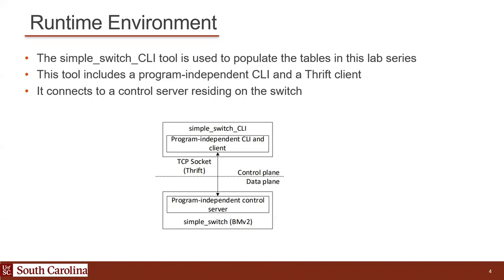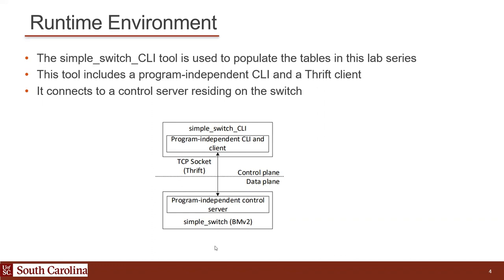For example, if you have something like table add, it just accepts the table name as part of its parameters, right? It's not like table add and your table name all within one function. This is what we mean here by the program independence.